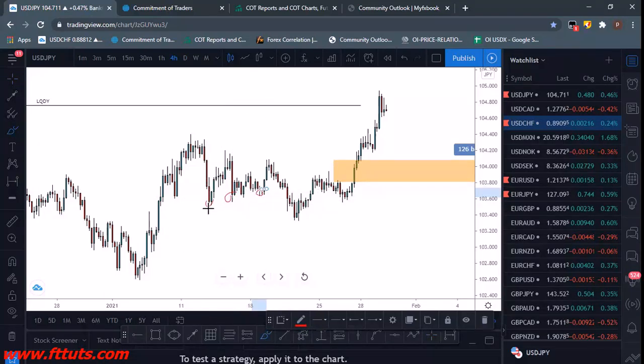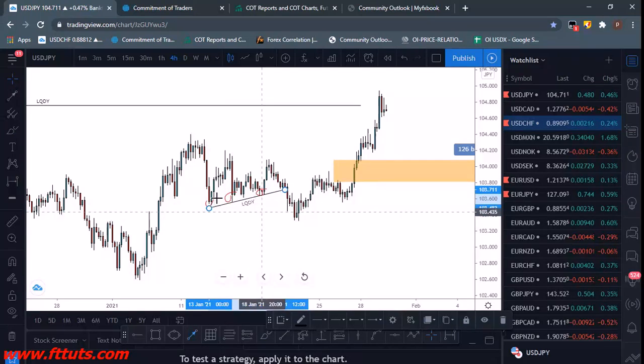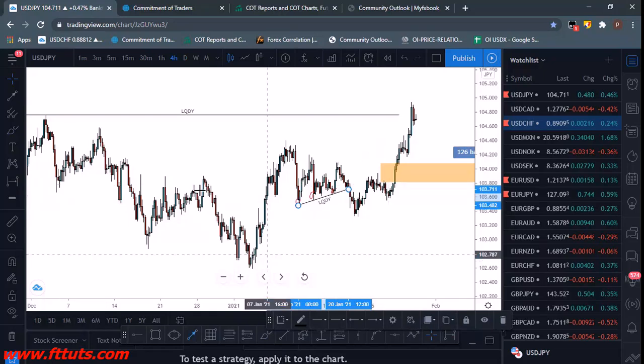This area, if I want to draw it, I can just draw it like this. But I will label it the same thing because this one is already manipulated. I'm just going to label it low LQDY. So these were liquidity areas, but they are not equal highs and such. The market pushes through them, then goes back. So those are touch-ups on liquidity.